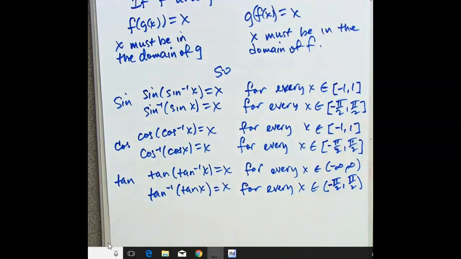Okay. So when we're evaluating the composition of these inverses, for the inside function you have to determine if x is an element of that domain. If not, then we have to do something else. So take a look at this example.